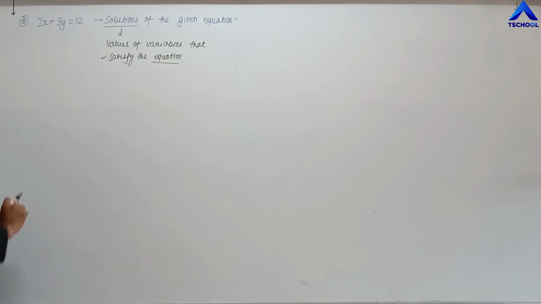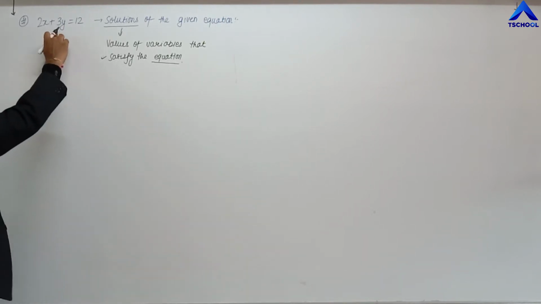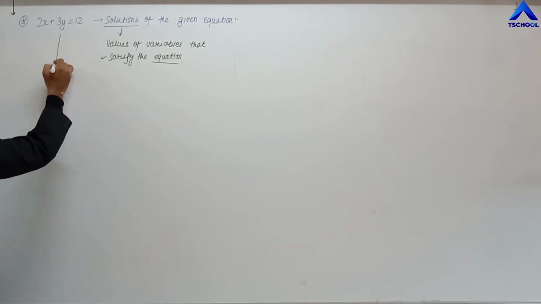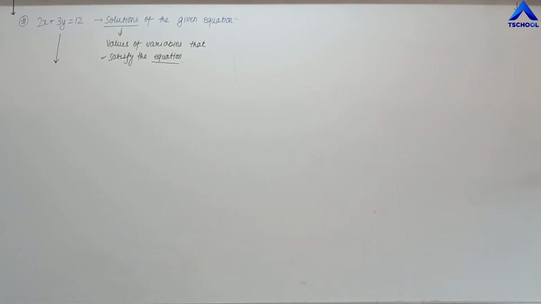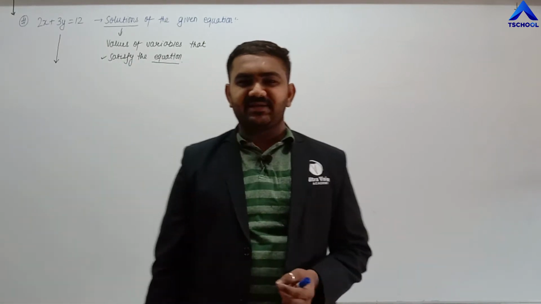Is it clear, friends? So that is how you can satisfy the equation. So to find out the values of the variables, first of all what we will do is convert this equation into a subject of the variable. That means if I want to find out the solution to this equation, then I shall make x or y the subject.